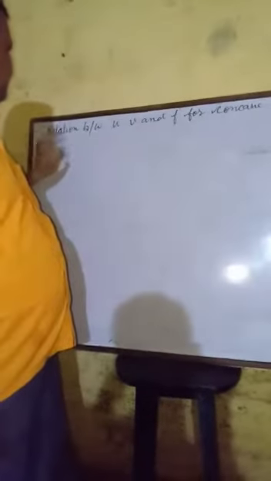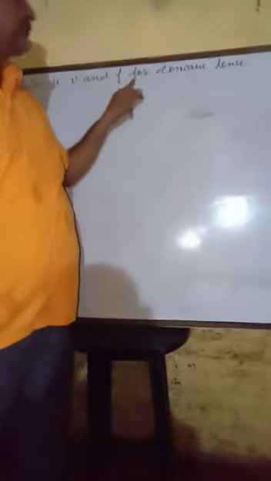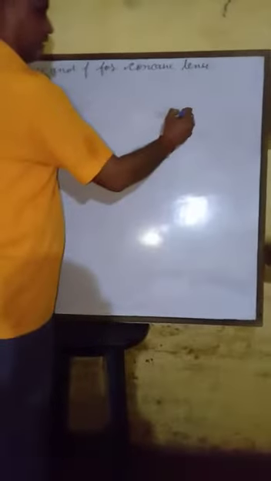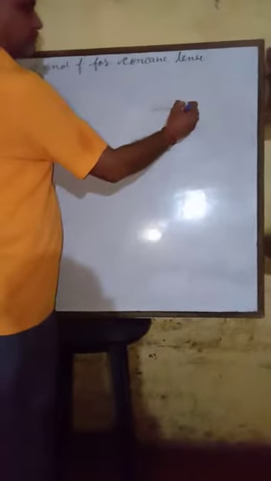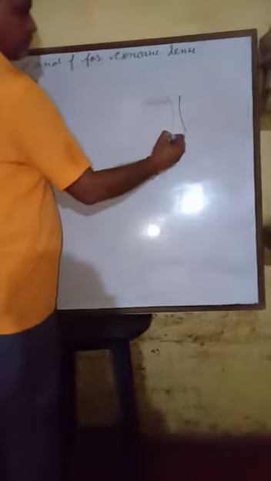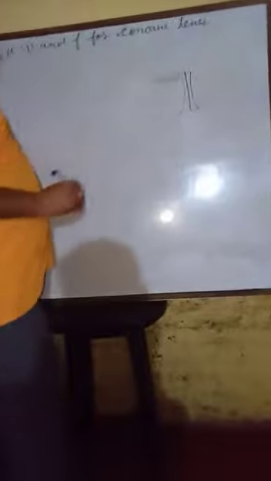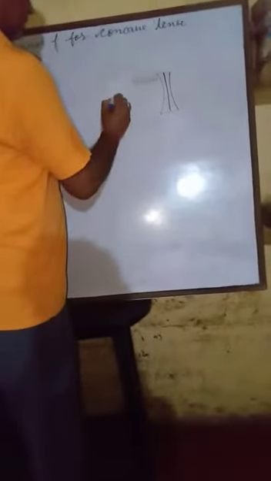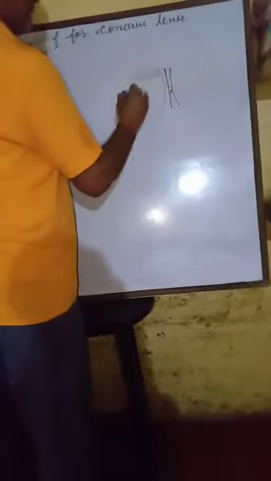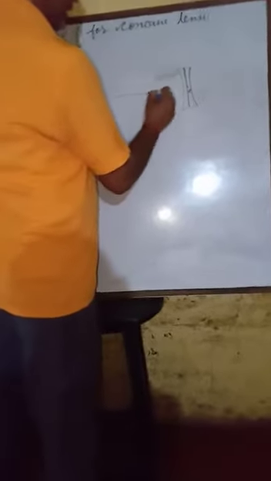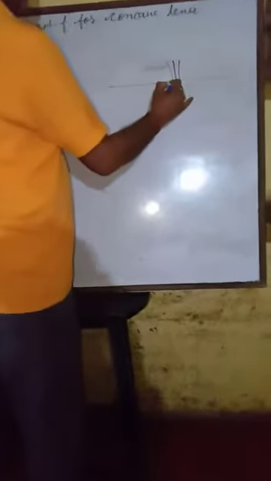Today I will find the relation between u, v, and f for a concave lens. Let a concave lens with optical center C and surfaces P1 and P2 be fixed.